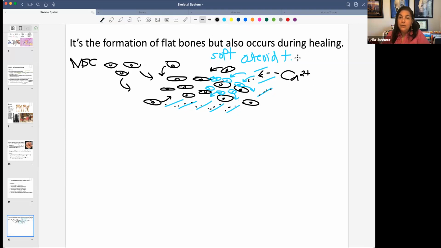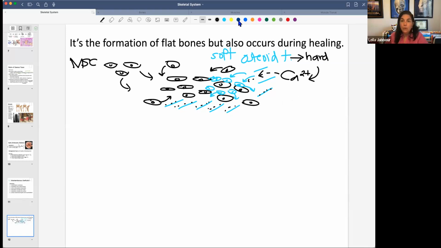And now the soft osteoid tissue becomes hard bone because of the arrival of calcium. So you end up with hard bone, and I'm going to show you.